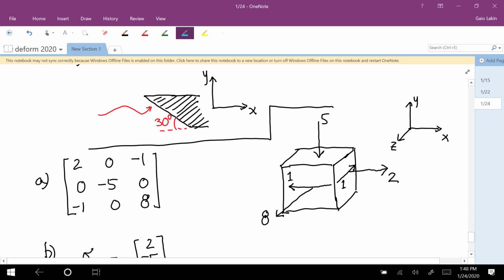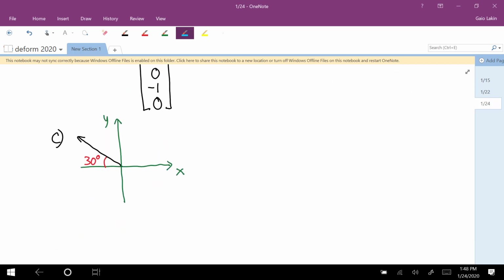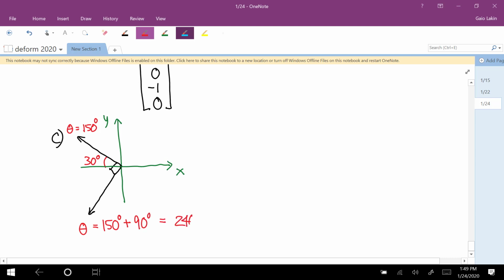And so now that we have this direction, this one is a theta of positive 150. The vector we want is this way, perpendicular to it. So the angle for that is 150 plus 90, so 240.